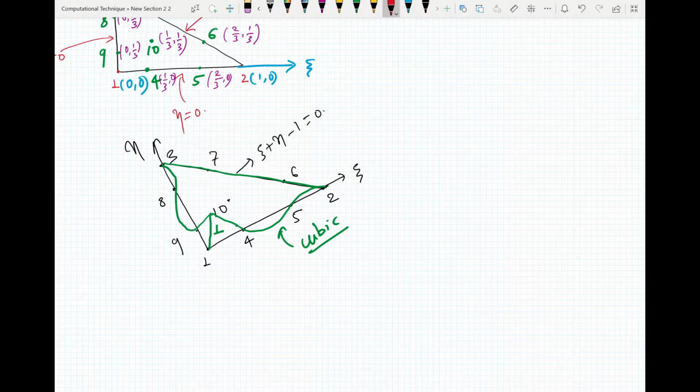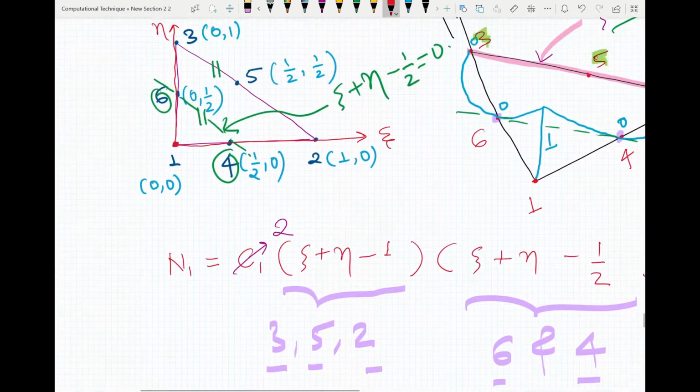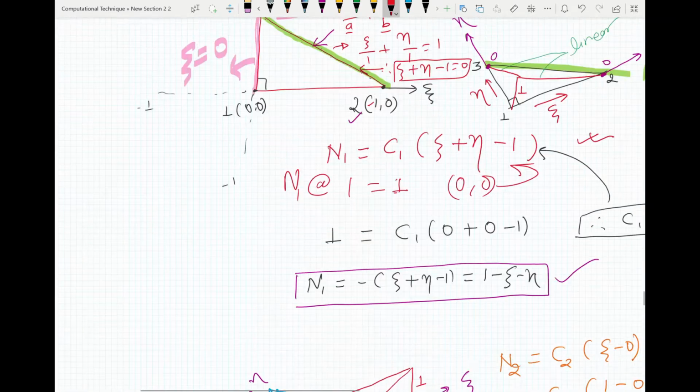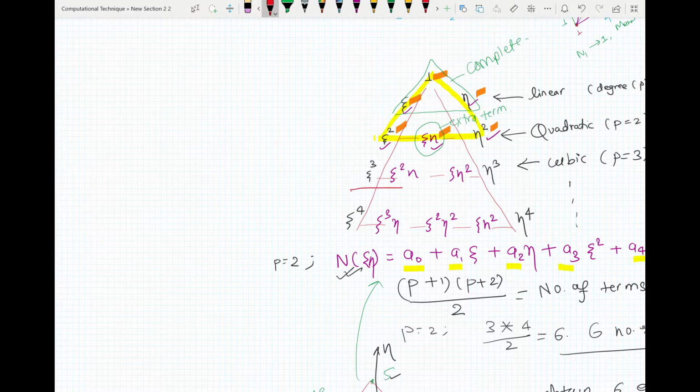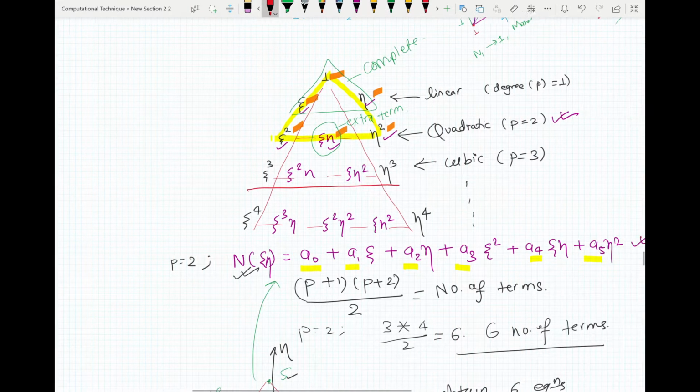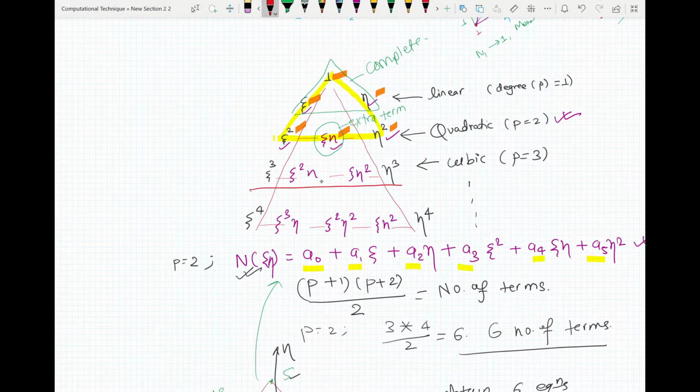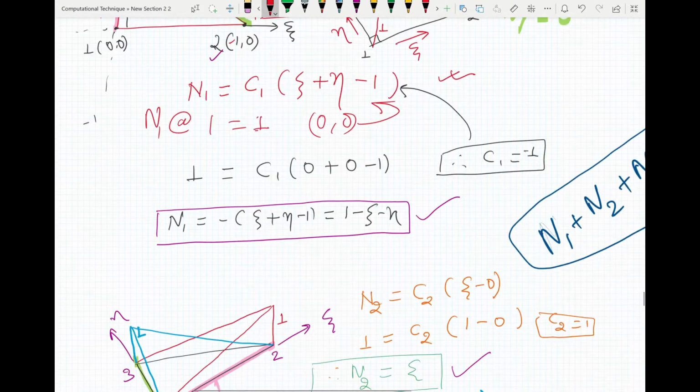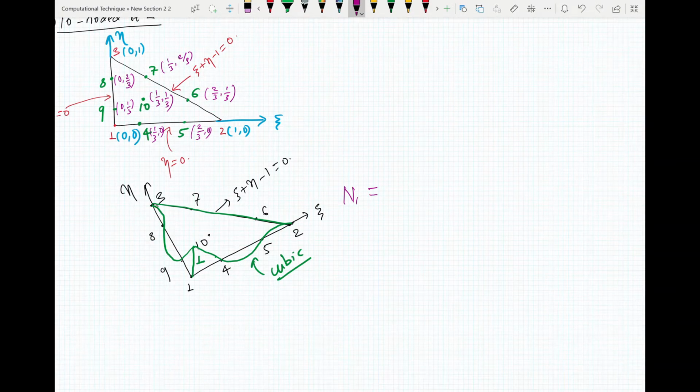Therefore you have to find certain equations which will connect these points. So this will be a cubic curve, which means that we are looking at up to here. So it will have xi cube, xi square eta, and eta cube terms. So when you go down, n1 will be equal to this line here. So you can write it down.